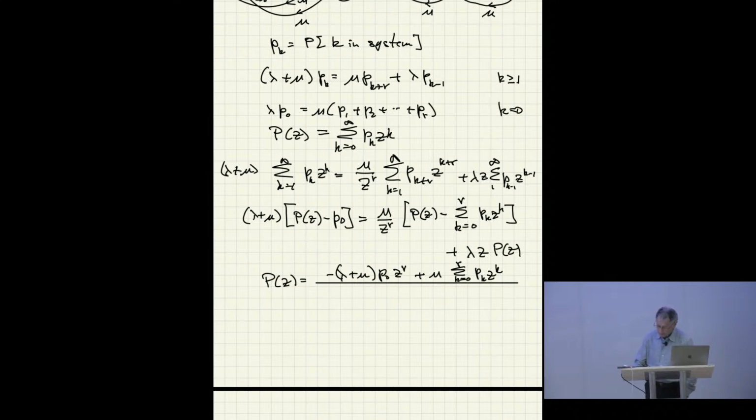And I multiplied by z to the r to get rid of this. Okay. And then I get P of z's, and those are just downstairs. I'm getting lambda z to the r plus 1. This lambda times P of z gives me lambda z to the r plus 1.